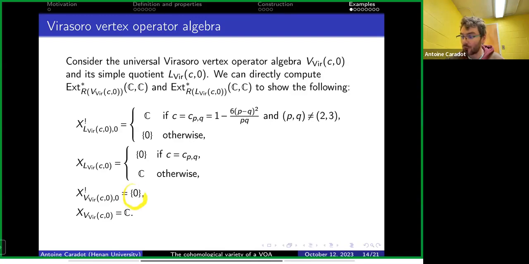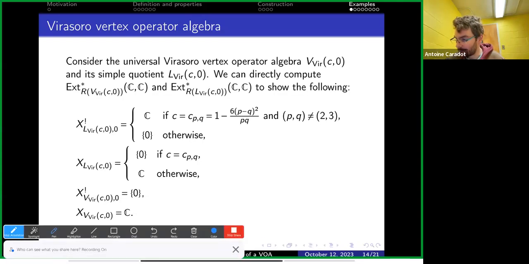for the universal, it's 0 always, because the C2 algebra for the universal Virasoro is just the polynomial ring. And the polynomial ring, if you look at its Yoneda algebra, it's just going to be the exterior algebra with one variable. So it's going to be C[x] over x squared.